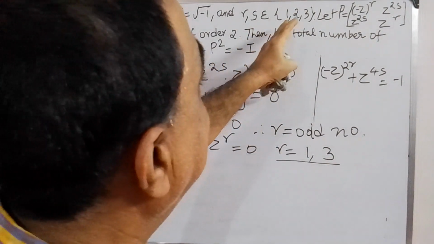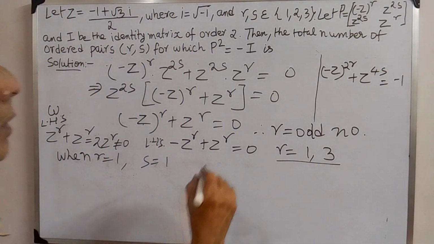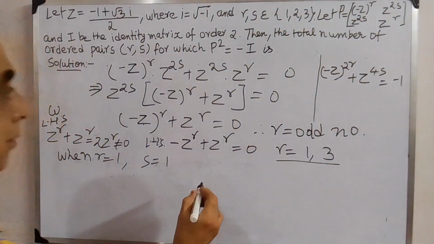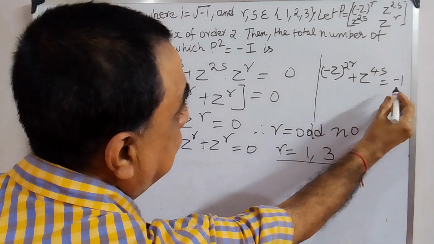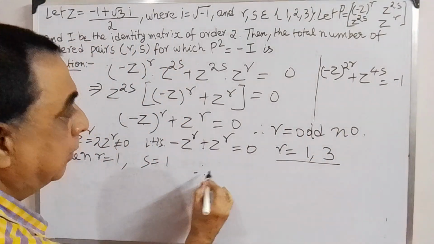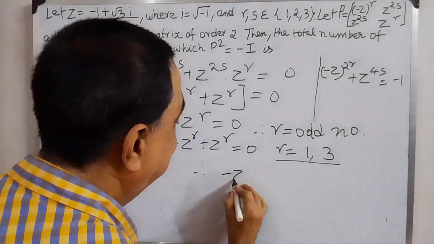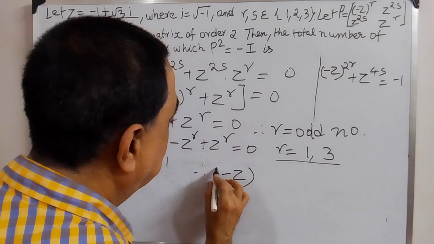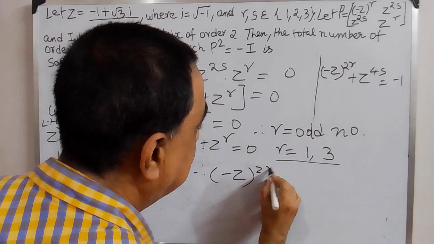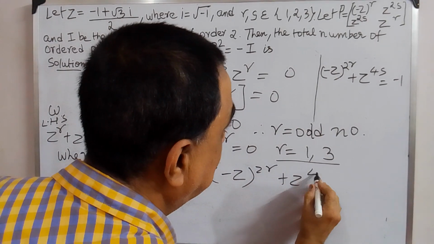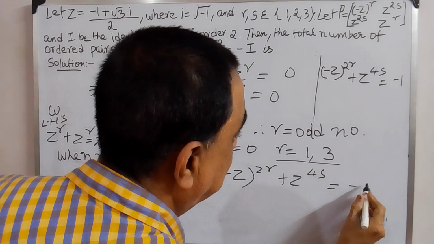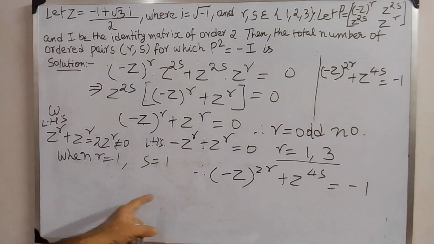Now r is 1 and s is 1. This should equal minus 1. So we should get minus z to the power 2r plus z to the power 4s equal to minus 1. Now put r equals 1 here.